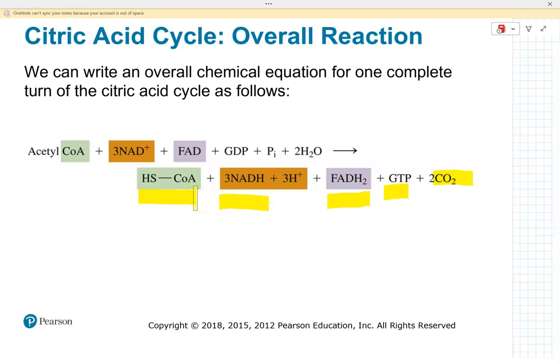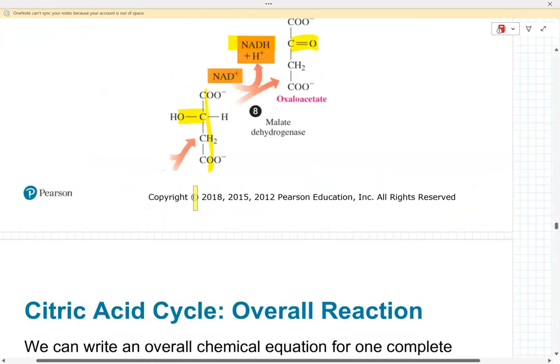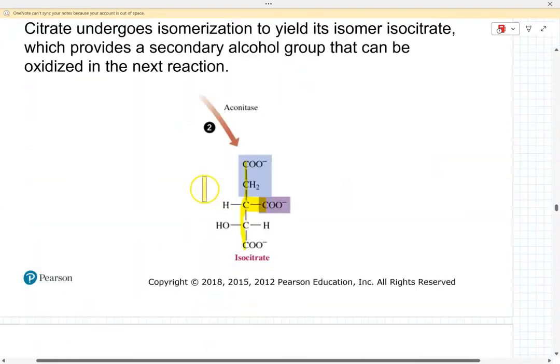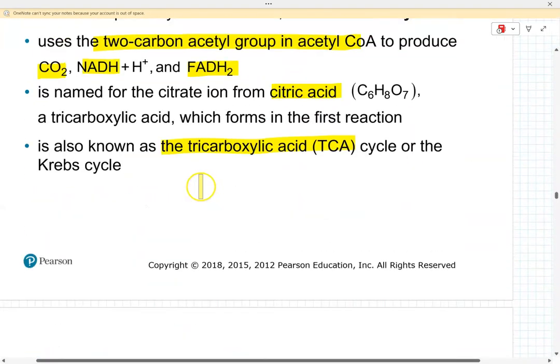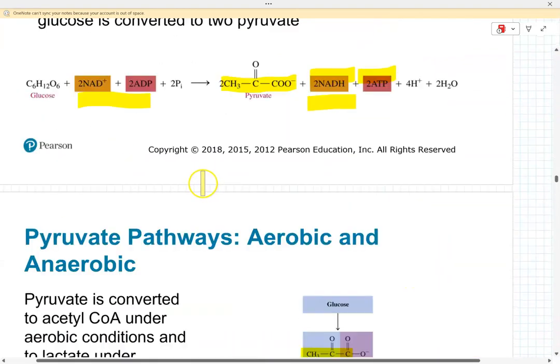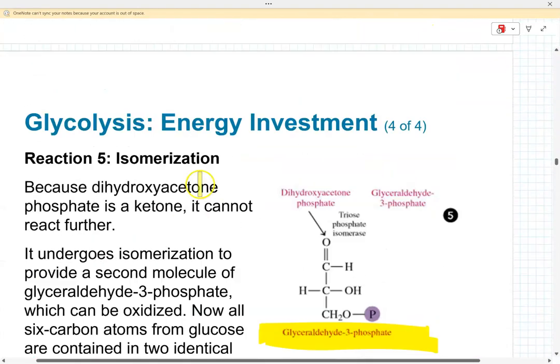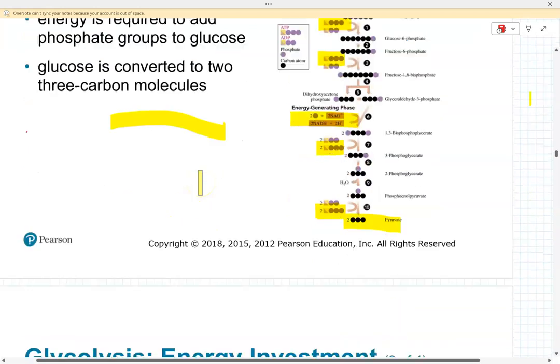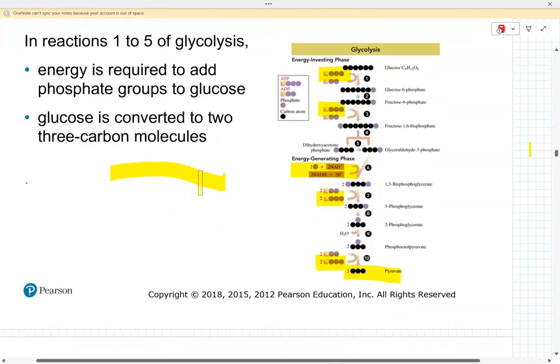Why do we use 1 turn? I'm going to go all the way back here. Like seriously back. Don't worry. Glycolysis, right? How many glucose molecules do we have in the beginning? I'm not asking hard questions.